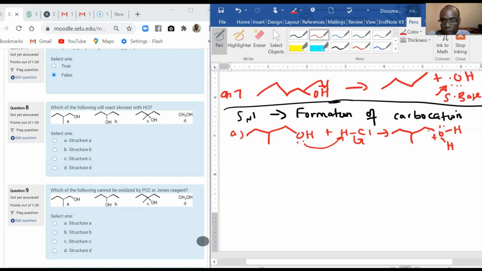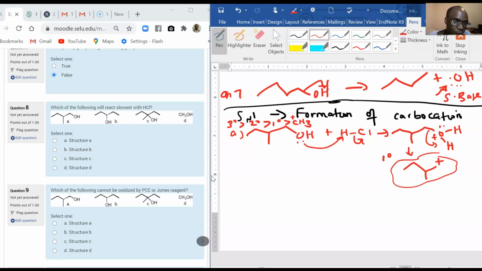So once this can leave, then you get a carbocation. That carbocation is primary. Remember, SN1 prefers tertiary over secondary over primary over methyl carbocation. So we are looking for the one that will react slowest.